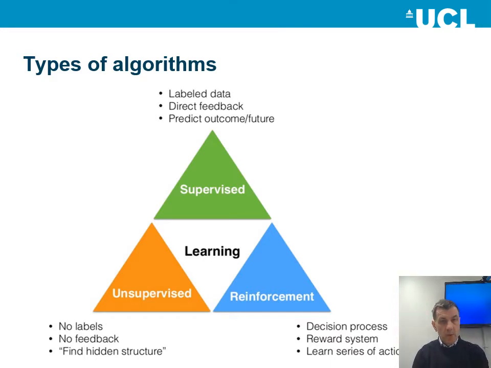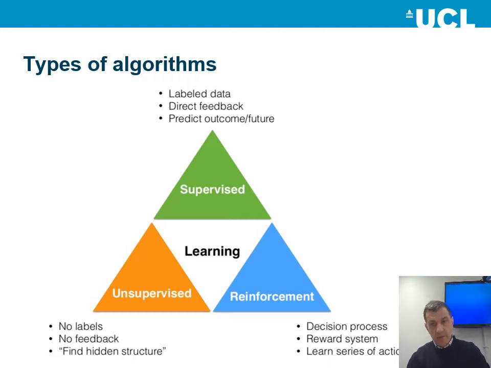So here you see there are three different classes of algorithm that are described: supervised, unsupervised, and then reinforcement. Supervised learning is the kind of learning that we're going to talk about most, and it's called supervised because it uses labeled data in part of the training process.